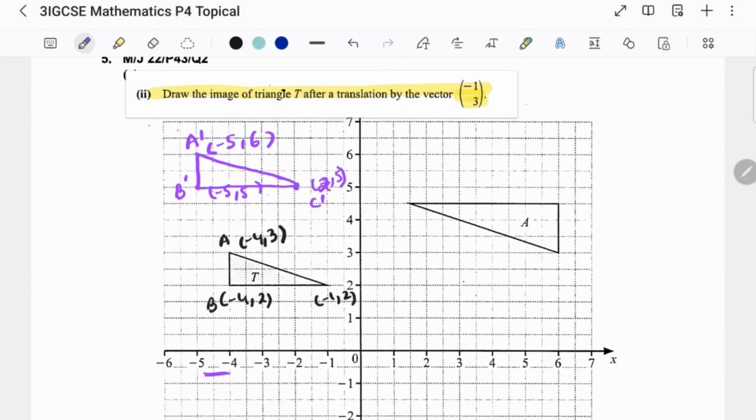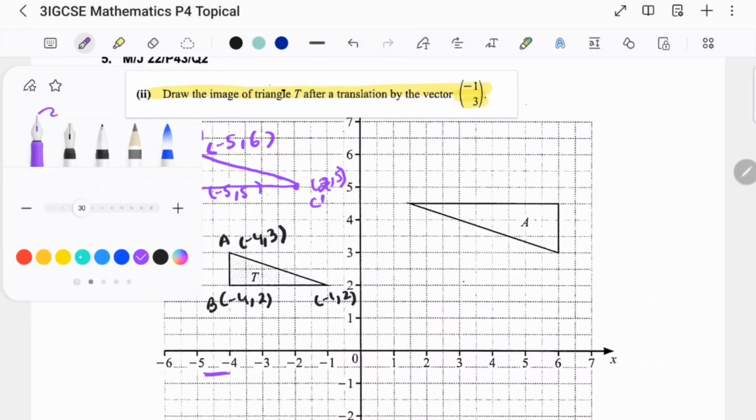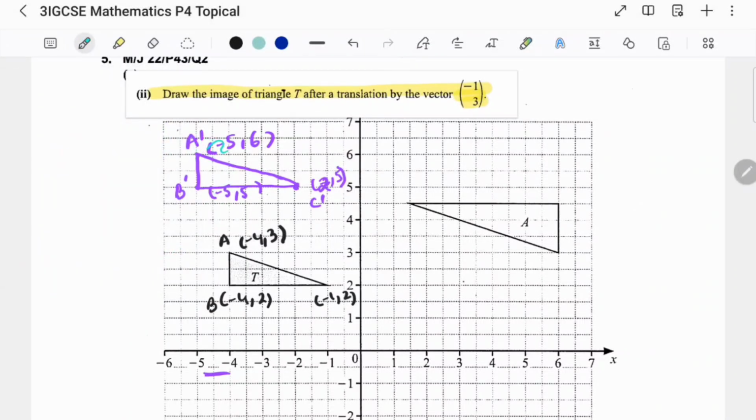Right now you can see every point is translated with -1, 3, and we got the image as well. If I join the corresponding points, let's see what will happen.